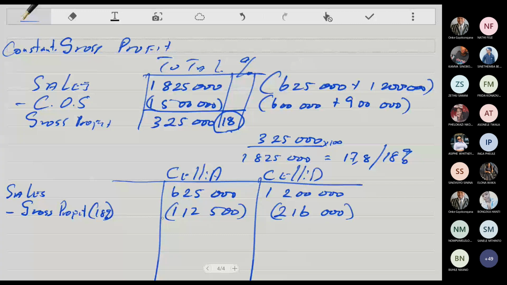So from the sales, if we minus the gross profit, what is going to be left? Cost of sales, that's correct. Look at the calculation above: sales minus cost of sales is equal to gross profit. So if you say sales minus the gross profit, the difference will be the cost of sales.